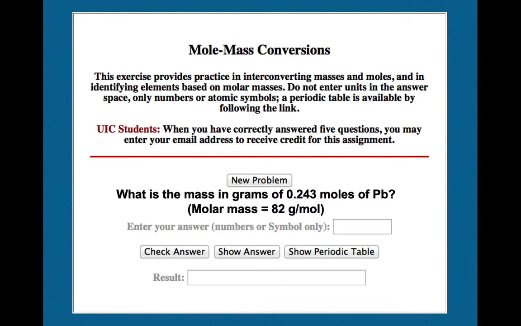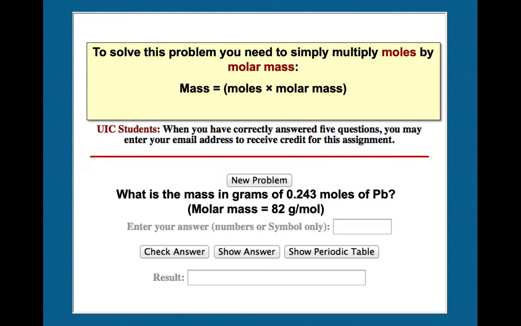Mass is going to be simply moles multiplied by molar mass. Take our number of moles, take our molar mass, multiply them together, we get 19.9 grams.